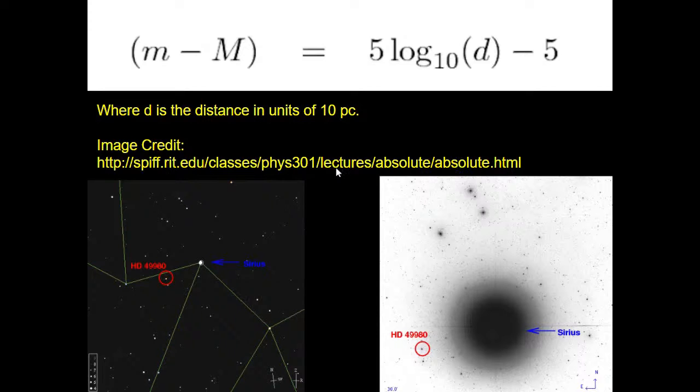Please go to the reference and look at small problems that have been given in this reference and do them so that you can get a good idea of what one means by apparent magnitude, what one means by absolute magnitude. Remember, this has to be corrected. The distance d is in units of 1 parsec. Okay?